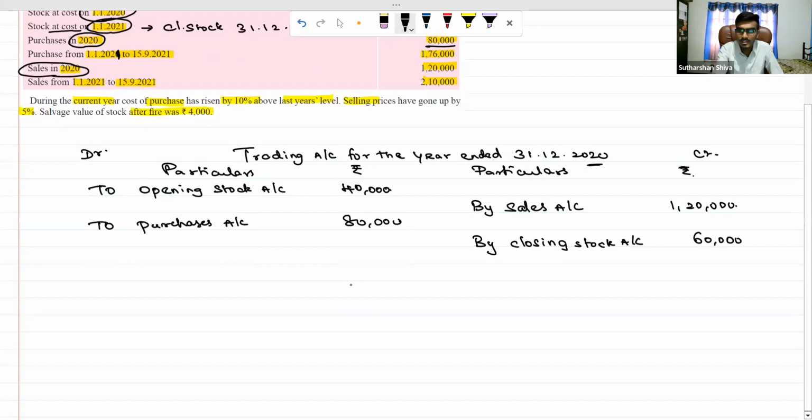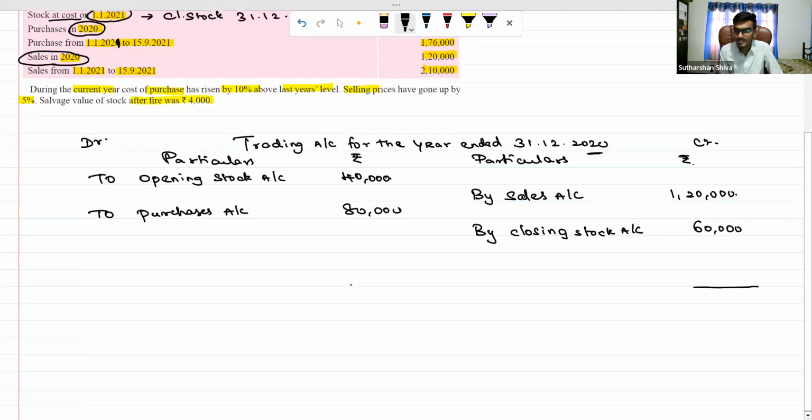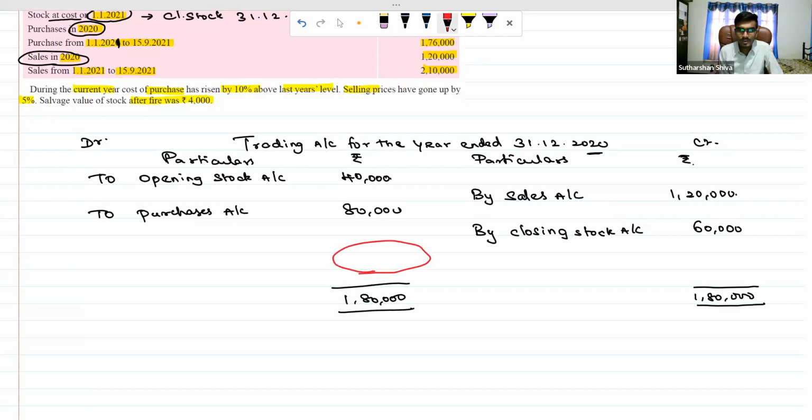Now balancing both sides, the total is 180 on both sides. What is left? 80 plus 40 is 120, 180 minus 120 gives me 60,000. This 60,000 is my gross profit, carried down, the balancing figure.